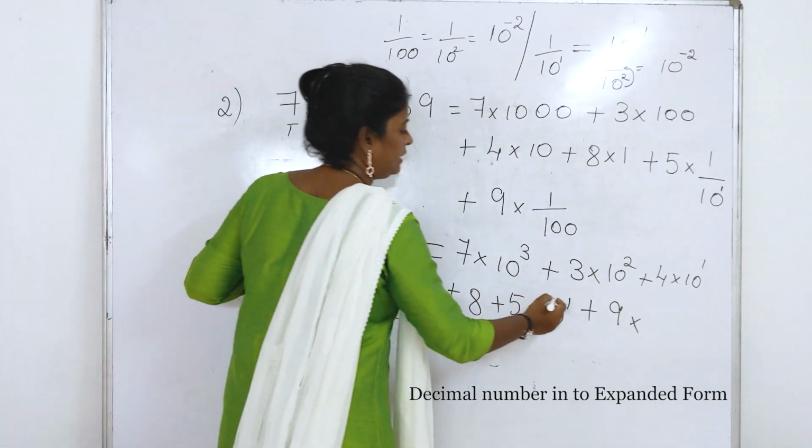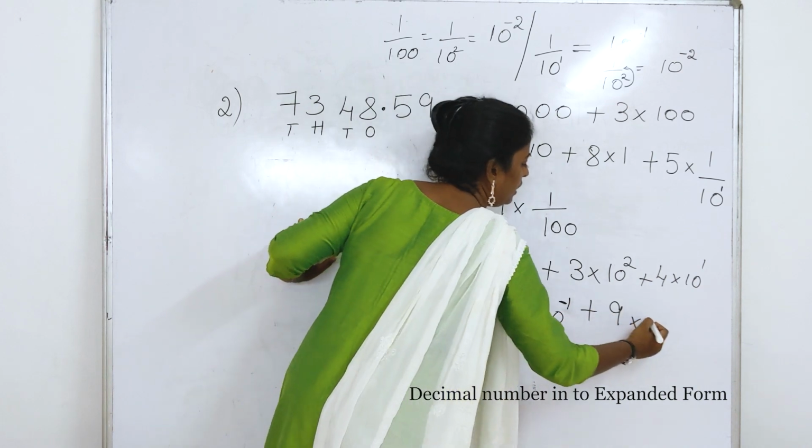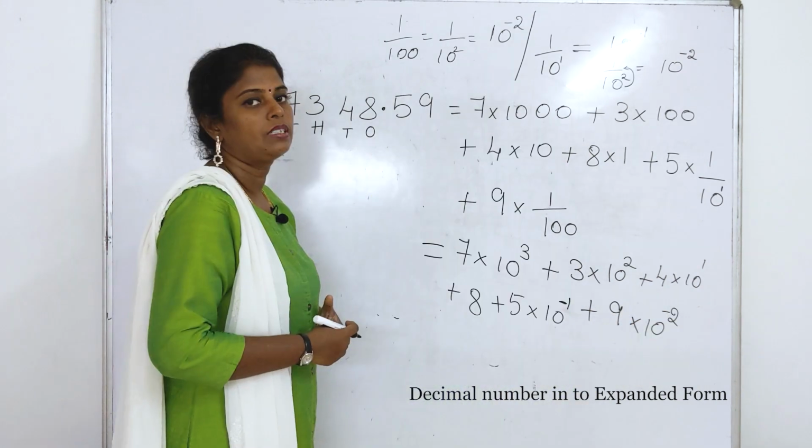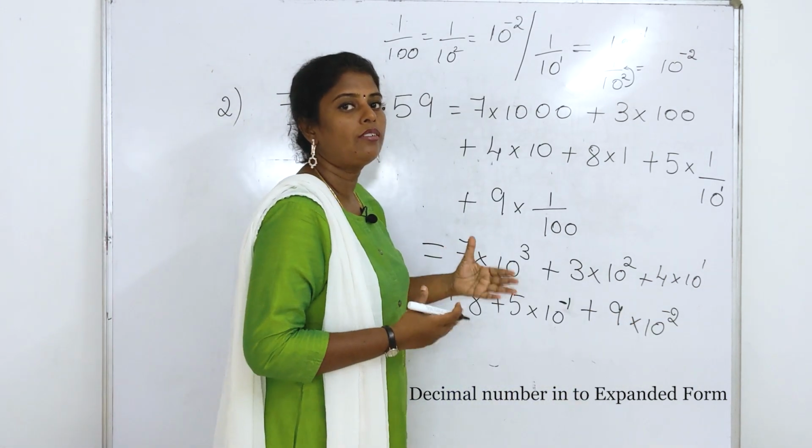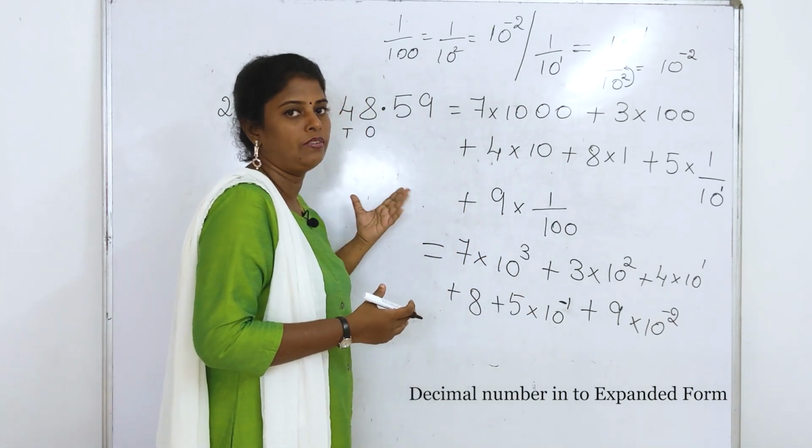So 9 into 10 to the power minus 2. So this is the way you have to expand if a decimal number is given.